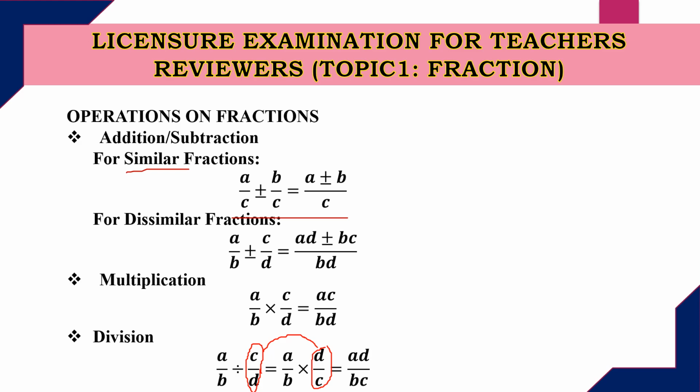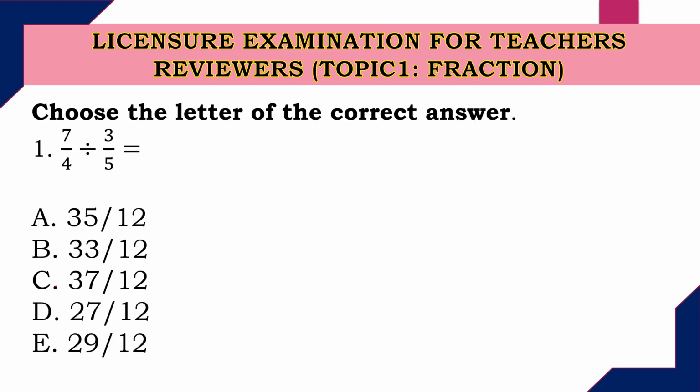Gagayahin natin yung rule sa multiplication of fractions. We multiply the numerators and also multiply the denominators. So, we have A times D all over B times C. These are the rules for operating fractions.